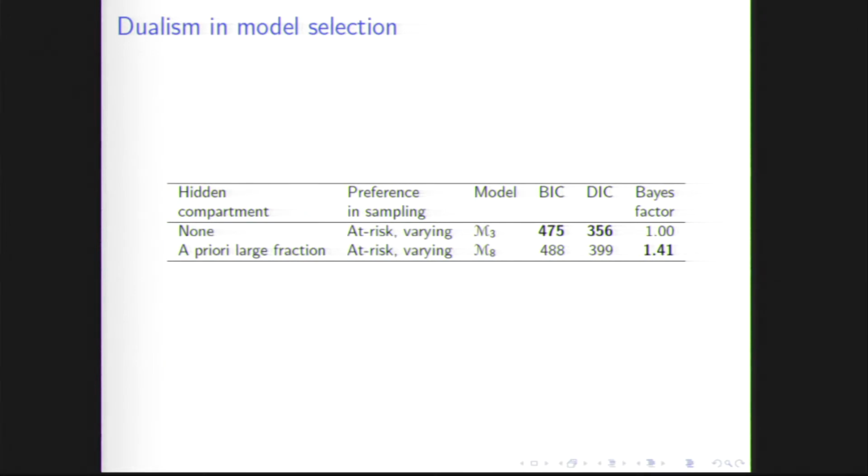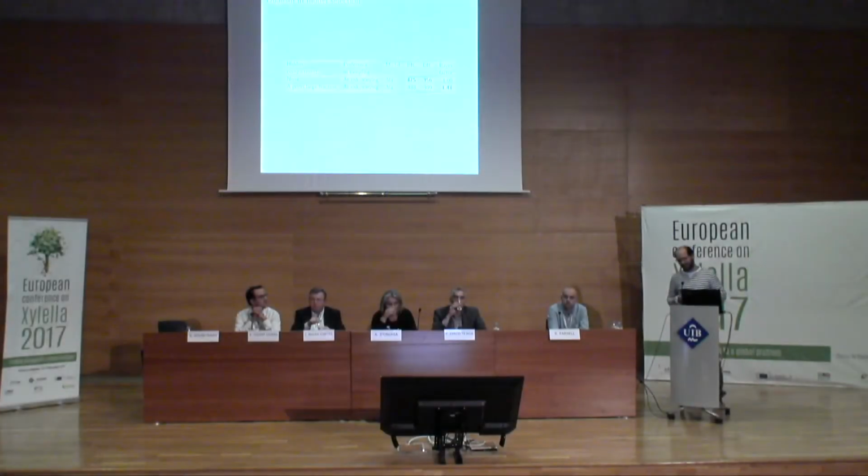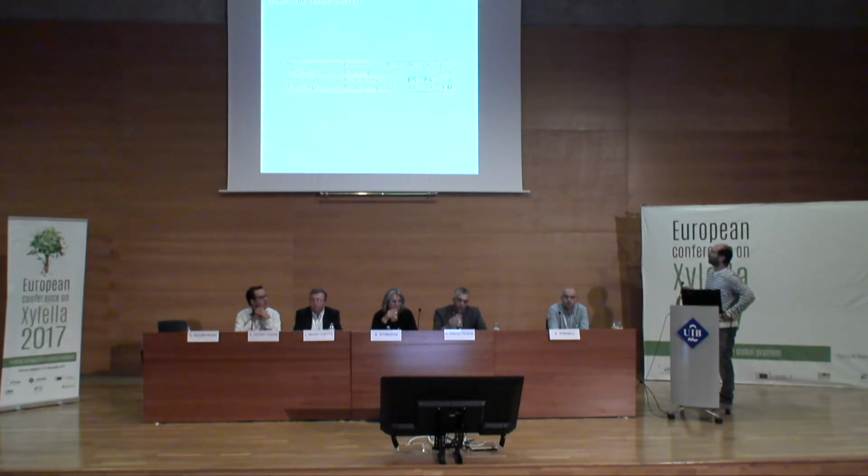And we made model selection with several statistical criteria, for example, BIC, DIC, and Bayes factor. And what we saw is that we couldn't separate the goodness of fit of the two best models. And so these two best models are here.